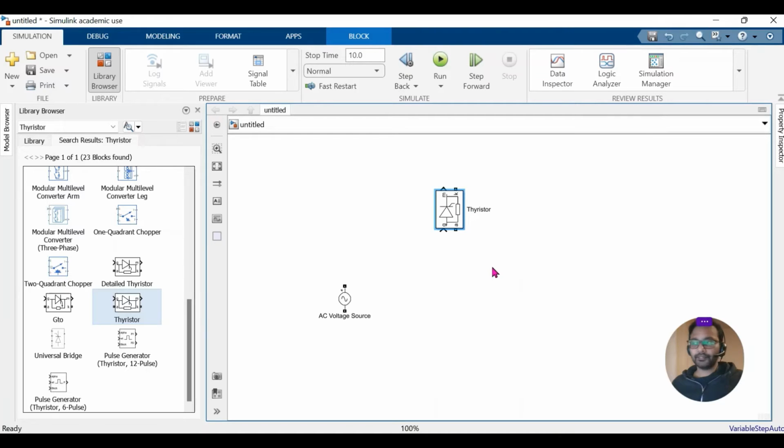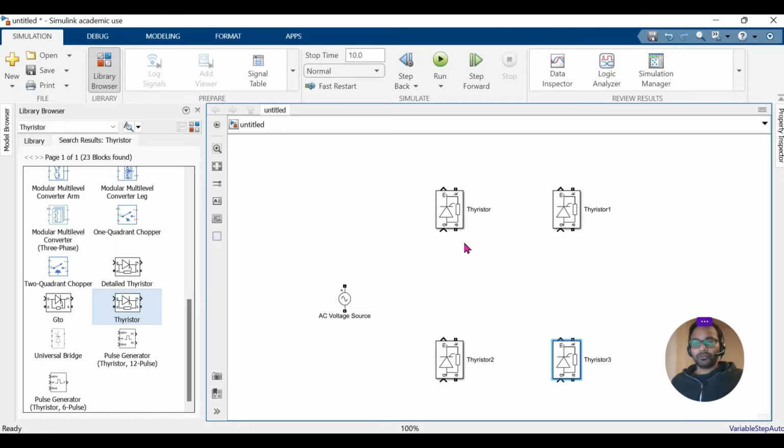I've rotated it 2 times. Now let's copy it and paste 4 of them, or 3 more, something like that.